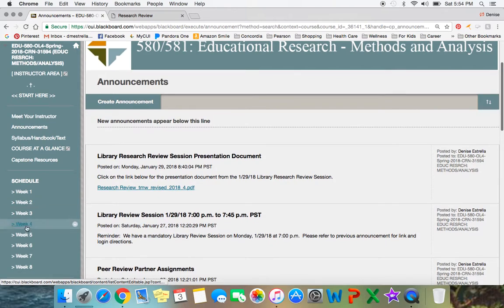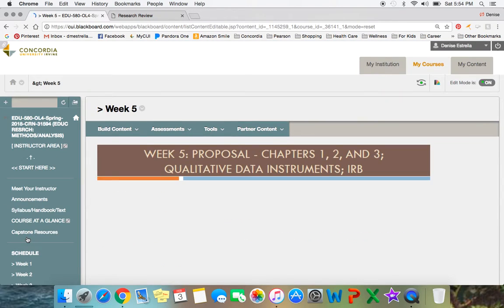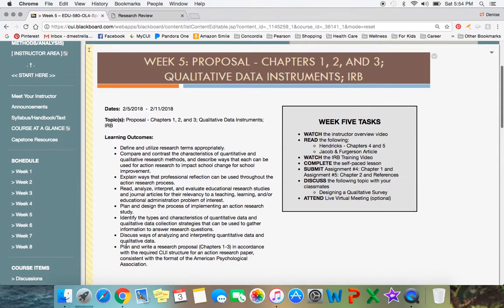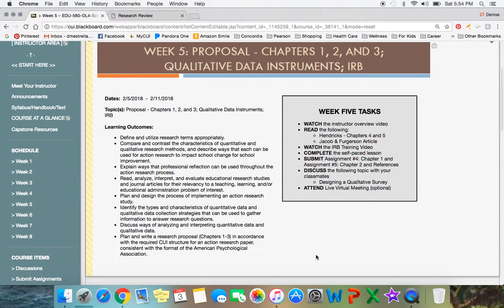Going into our week 5 overview. This week our topics are the proposal, chapters 1, 2, and 3. We'll be talking about qualitative data instruments and the IRB.